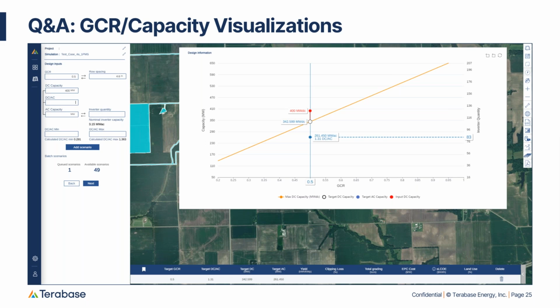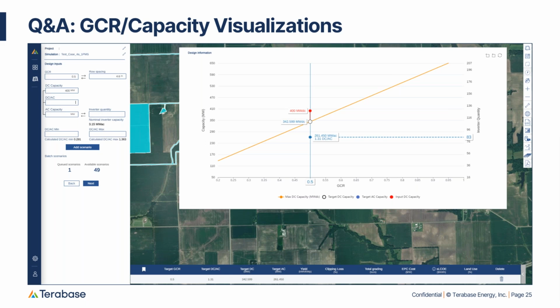Okay, yeah, so in the equipment selection, which is where you choose the modules and inverters for your site, there's an advanced setting called tables per row high, and that is the number of tables high that the blocks are, so the number of trackers.